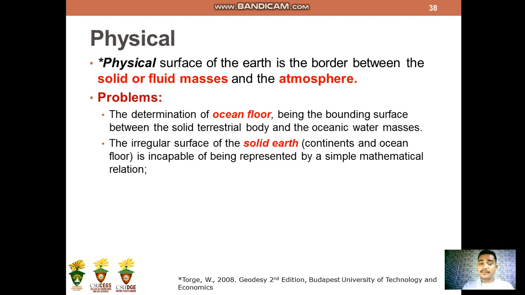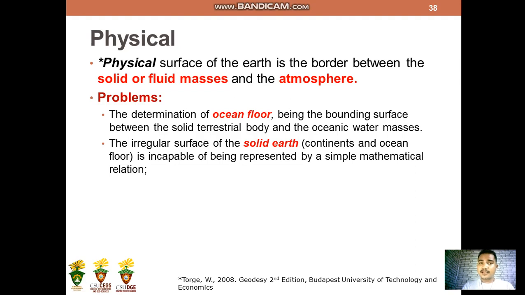Next is the problem of the irregular surface of the solid Earth. For example, the continents and the ocean floor. So kung ato ang i-imagine na wala o nato tanan ang tubig sa Earth, so say forma niya, it's a very irregular surface. So out from that, if you are going to treat that, it is incapable of being represented by a simple mathematical relation.